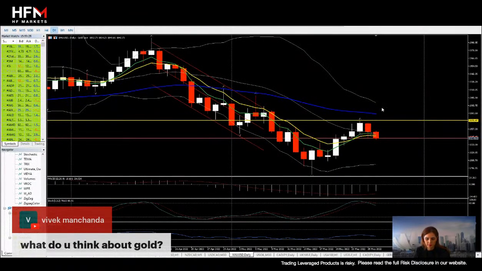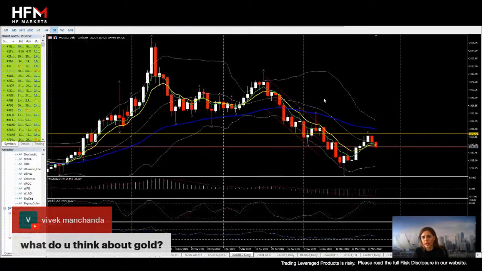There it is, reversing from the 1870 high down to 1842, coming back below the 20-day moving average, and consider that it has been to the downside for the whole year.